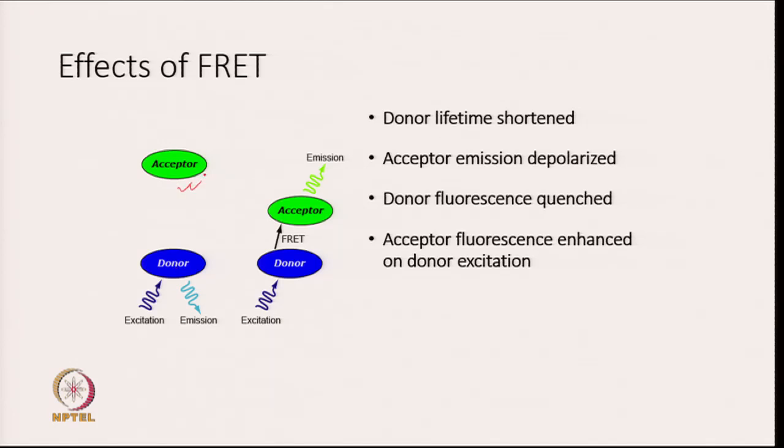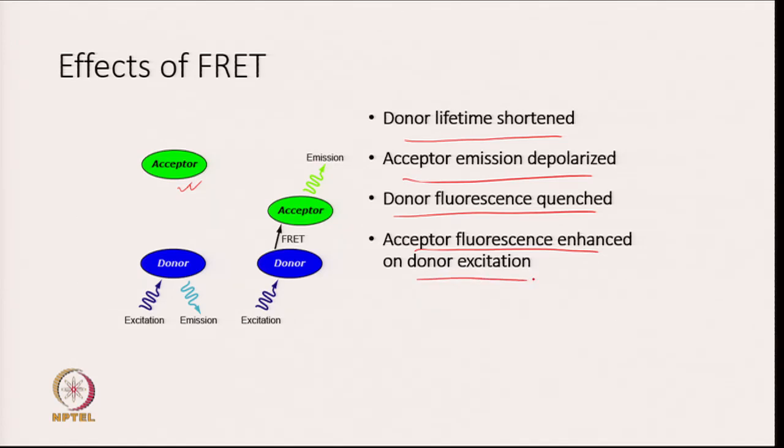The acceptor, if it is at a long distance, does not get affected, but if donor and acceptor are near to each other, then if you excite the donor, the acceptor will also emit. The effect of FRET will be that the donor lifetime will be shortened, acceptor emission will be depolarized, donor fluorescence will be quenched, and acceptor fluorescence enhanced on donor excitation.